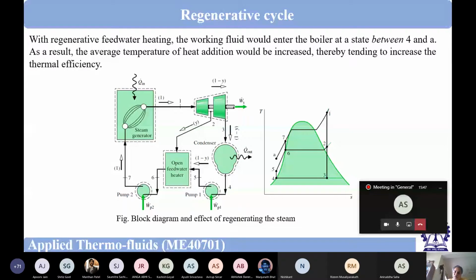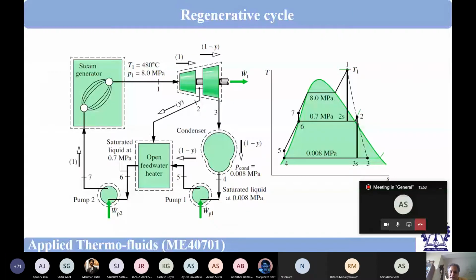Supercritical we will discuss later. Most of our power plants are subcritical, and they have a combination of reheat and regenerative. I have mentioned that this is one of the ways of increasing the efficiency. For a subcritical power plant, the best thing we can do is combine reheat and regeneration.